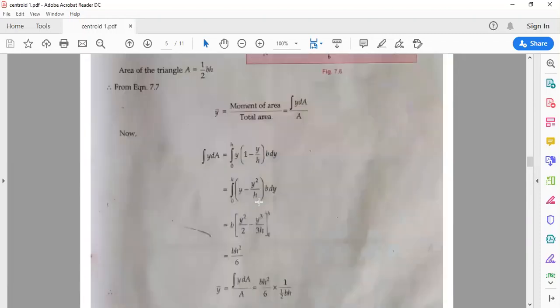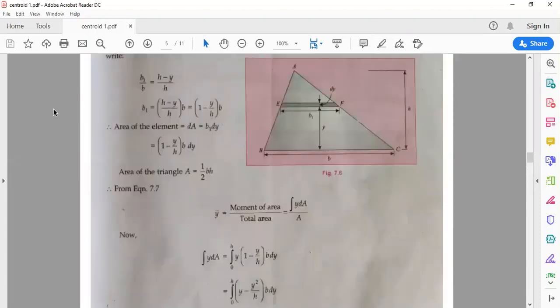You can see this; they have taken a general shape. B1 is the base for this small strip, because B is the base for the whole triangle. For this base the height will be h minus y, and for the full base the height is h. The same way, the area of the element is B1 into dy.